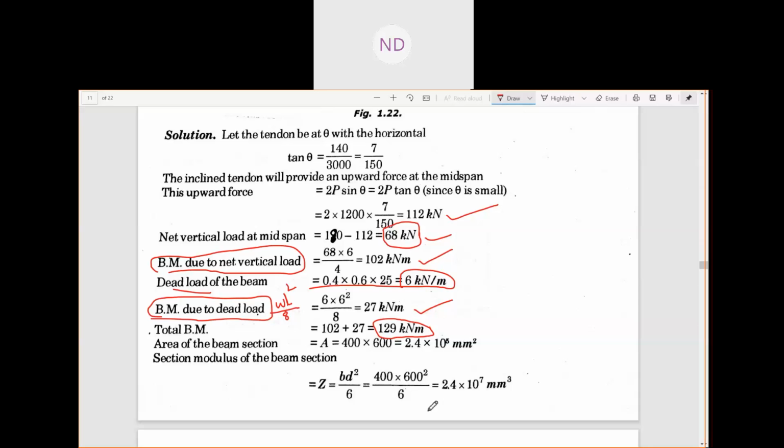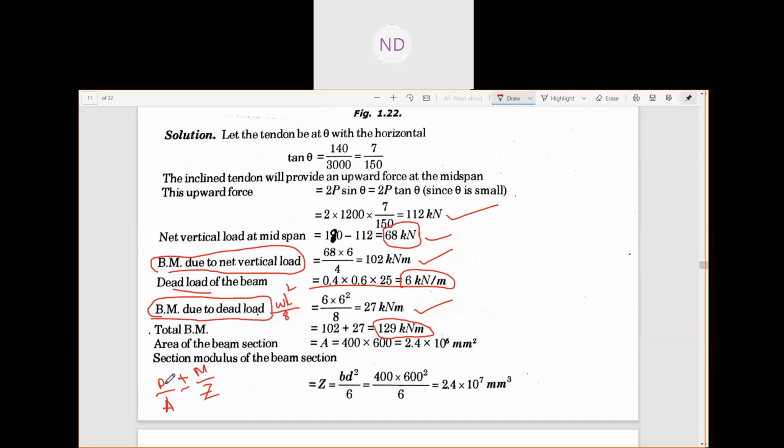There is no eccentricity, so the stress due to eccentricity is absent, but the stress due to the pre-stressing force and the stress due to the moment will be present. So that is nothing but P by A plus minus M by Z.